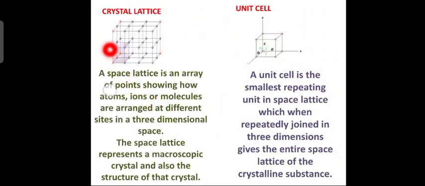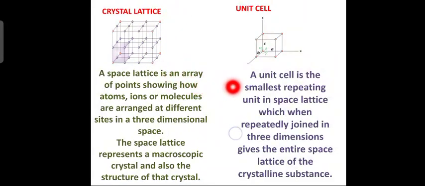So it is a 3-dimensional spatial arrangement, which indicates the group of points. These points are either atoms, ions or molecules. This is called crystal lattice. The space lattice represents a macroscopic crystal and also the structure of that crystal. So this diagram is a macroscopic crystal.